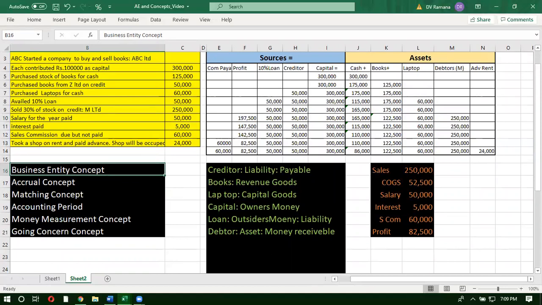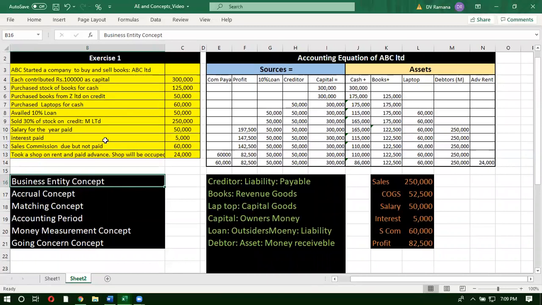So when you observe a business decision and would like to understand the impact on the financial statement, for the time being we are doing it through the accounting equation, we have to remember that this effect is not arbitrarily recorded. This entire process is governed by certain concepts: business entity concept, accrual concept, accounting period concept, money measurement concept, and going concern.